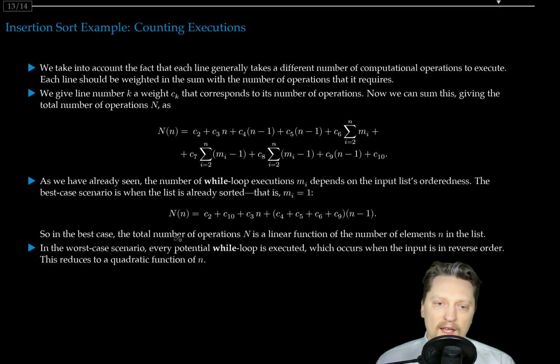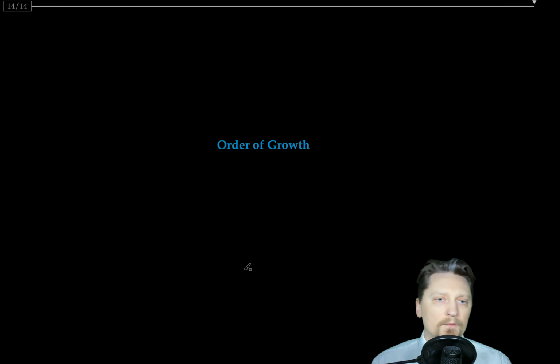So in the best case, the total number of operations, N, is a linear function of the number of elements, n, in the list. We see that this is a linear function in n. In the worst case scenario, every potential while loop is executed, which occurs when the input is in reverse order. This reduces to a quadratic function of n instead of a linear function.